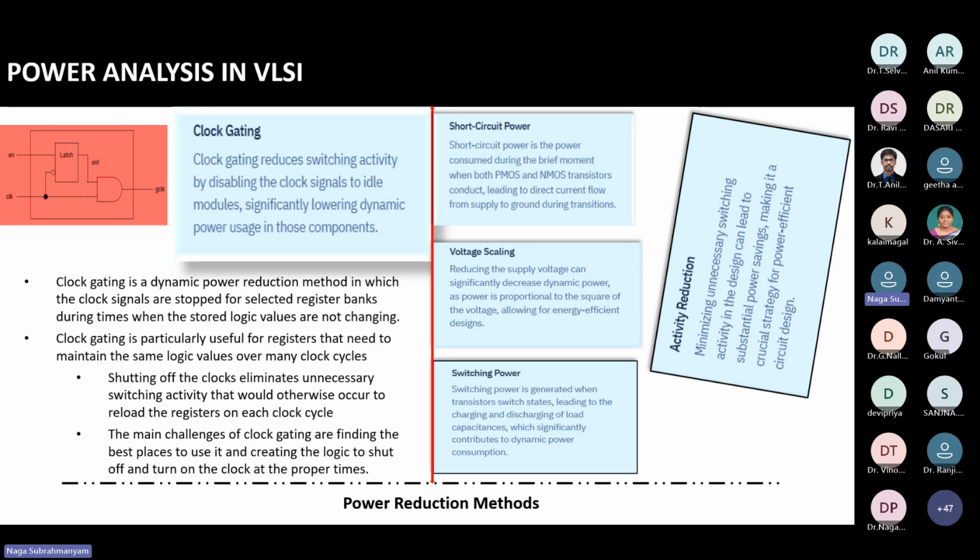There are two requirements for any SOC. One, as you all have digital design knowledge, clock never dies.